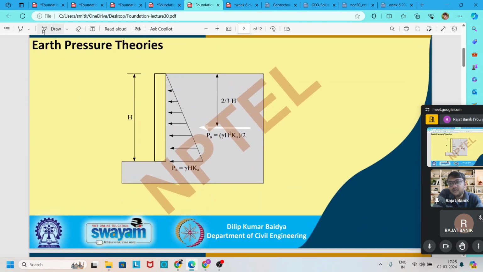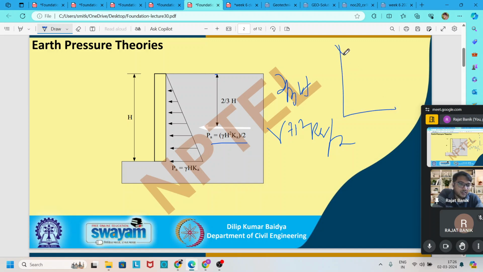Here it is said that the active earth pressure thrust is equal to gamma h square Ka by 2, and it acts at a distance from the top surface equal to 2 by 3 h, because we know that the CG of the triangle lies at a height 2 by 3 into h from the top, and from the bottom it is 1 by 3.